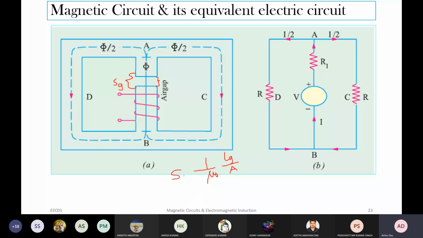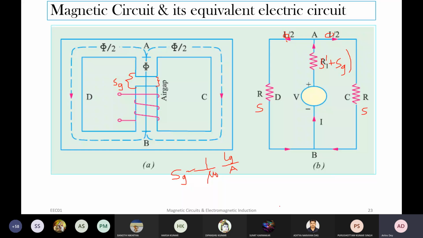Then if we want to draw the analogous circuit, in place of resistance we can write S, here we can write S. This is for Sg, and one is S dash plus Sg. So this is your reluctance, and this will become 5 by 2, pi by 2, and this is equal to 5. Okay. So if you have to find out the total, what is your phi s?